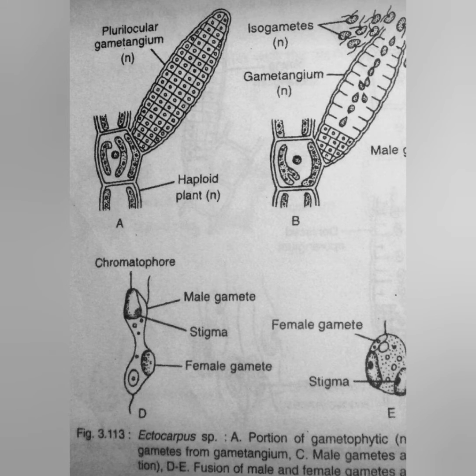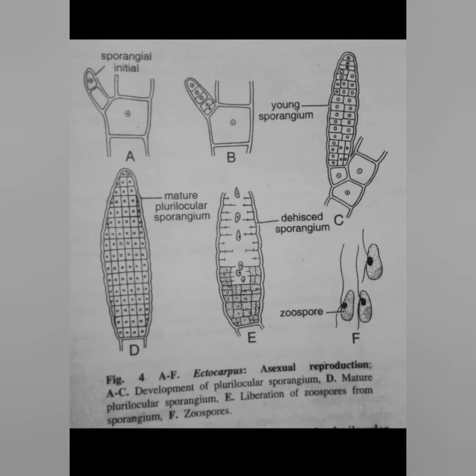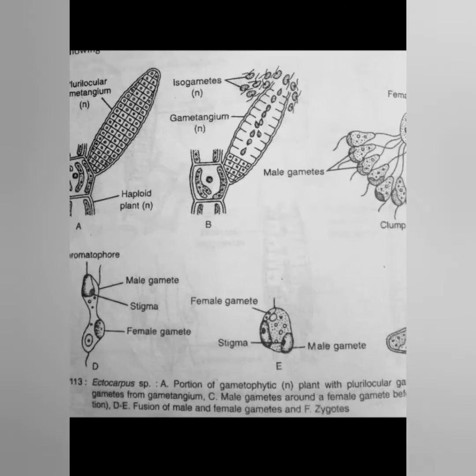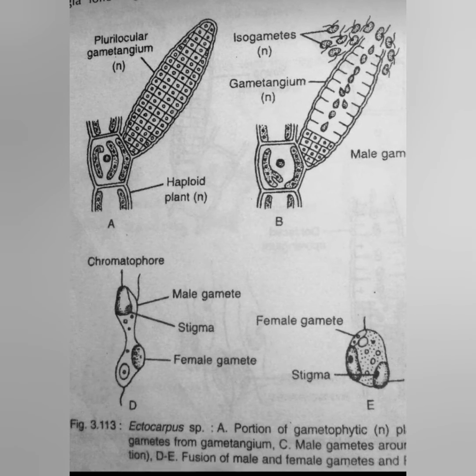Now the plurilocular gametangia produce haploid gametes. But on the other hand, just now we have studied that the plurilocular sporangia produce diploid zoospores, whereas these gametangia form haploid gametes.